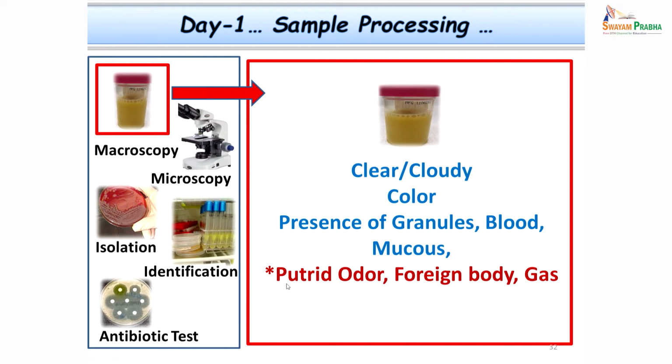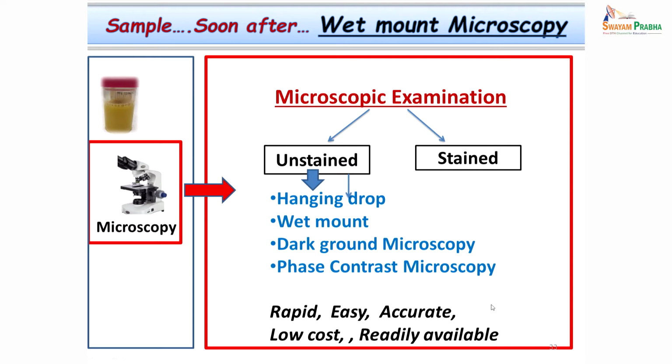If we think the sample contains anaerobes, there are peculiar signs: a putrid odor, presence of a foreign body or gas, a lot of necrotic material, plus a discolored sample. After that, we go into the microscopic examination.